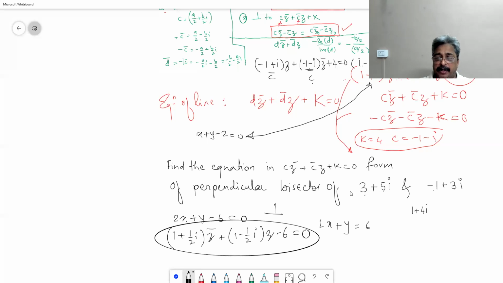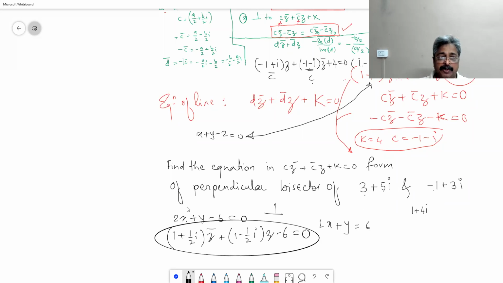So the equation of the perpendicular bisector may be easier the 2D way. Just find out the midpoint. Midpoint is 1 plus 4i. The slope of the line joining these 2 points is 1/2. Therefore, the slope of the perpendicular line will be 2, and therefore the equation of the straight line will look like 2x plus y, at this point should satisfy it, is equal to 6.